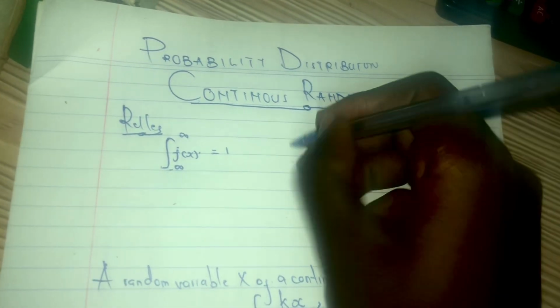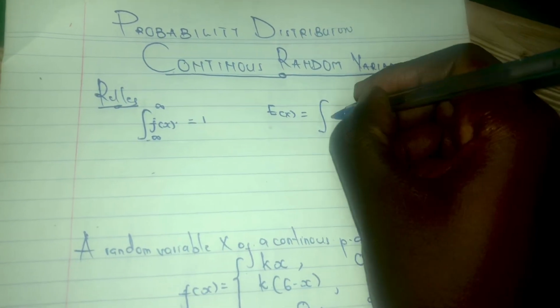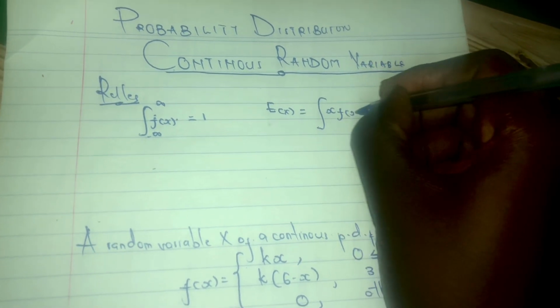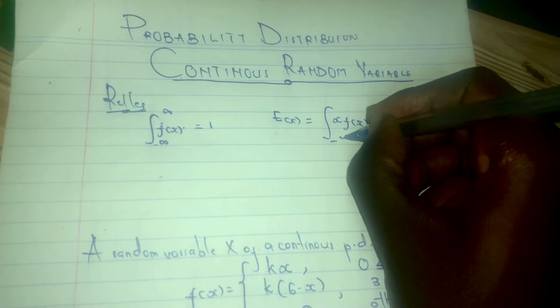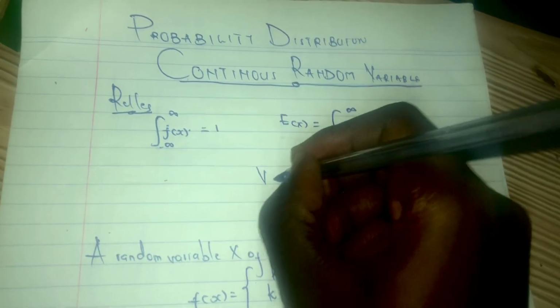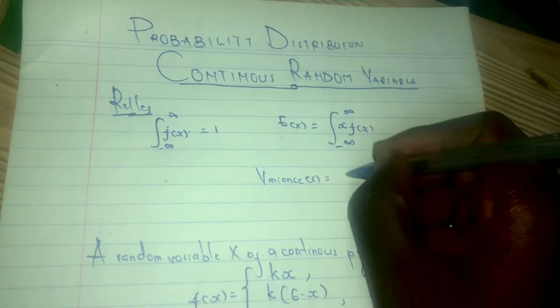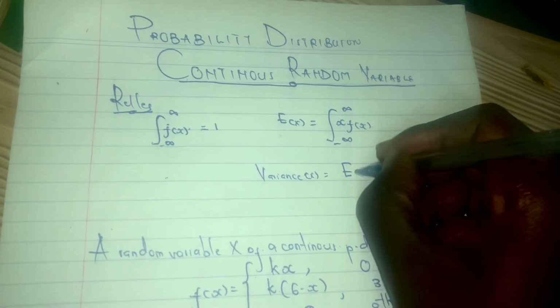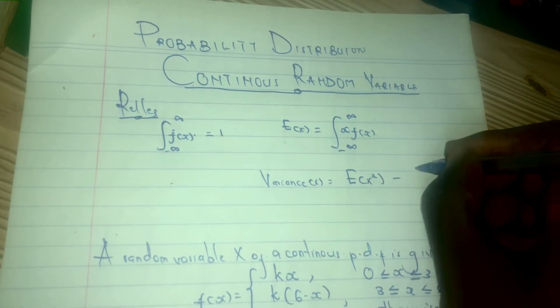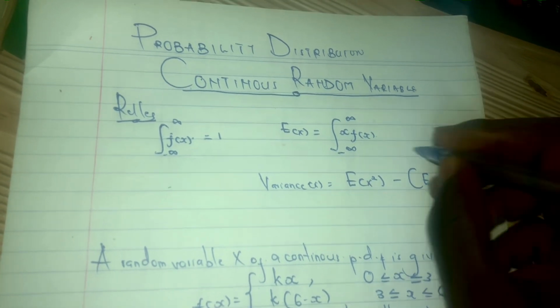Are we together? Its expectation, which is the same as the mean, will be the integral of x times f of x within a given interval. And then its variance, are we together, will be the expectation of x squared minus the expectation squared.